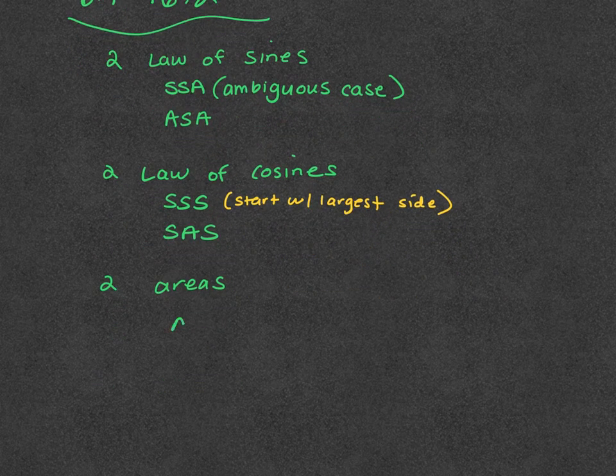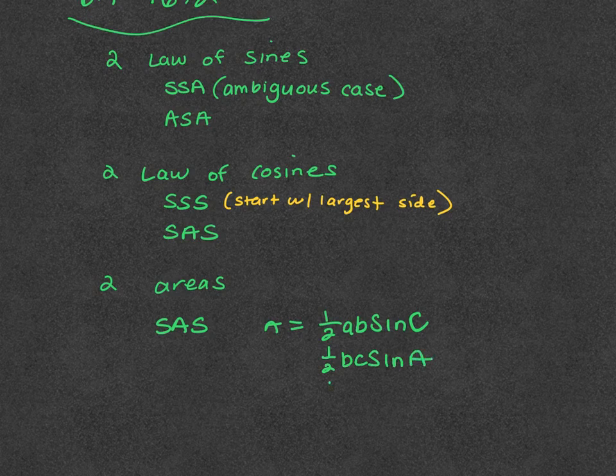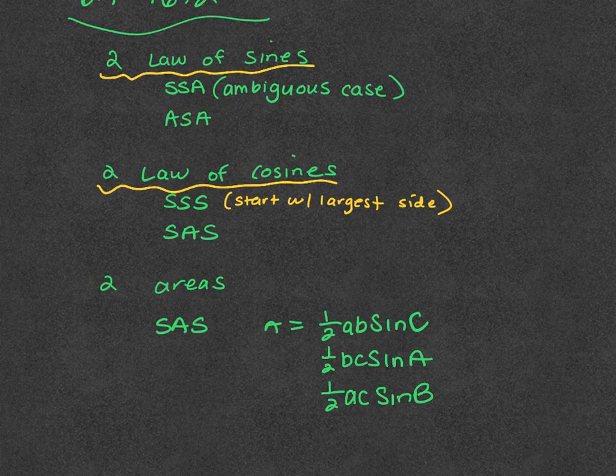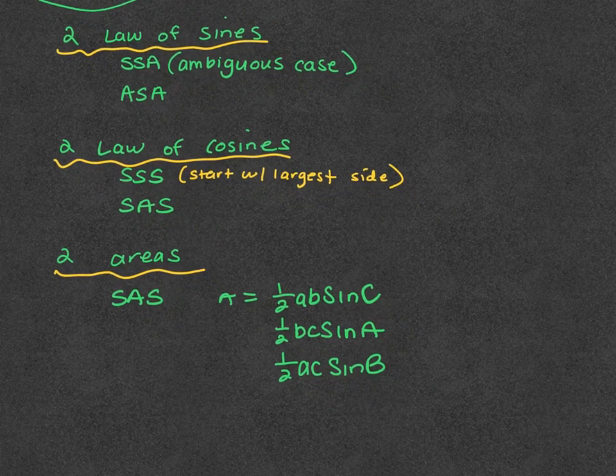The first is where you've got side angle side given to you, and that's when you do area equals 1/2 AB sine of A. I'm sorry, sine of C. Or you get 1/2 BC sine of A. Or you get 1/2 AC sine of B. So it all depends on what you're given, what letters you choose, but it's the same thing every time. 1/2 the product of the sides times the sine of the angle.